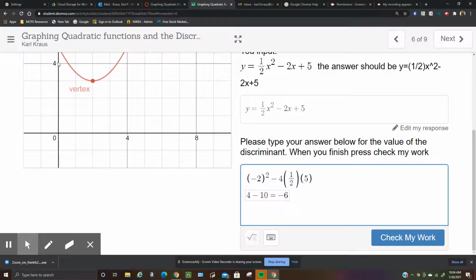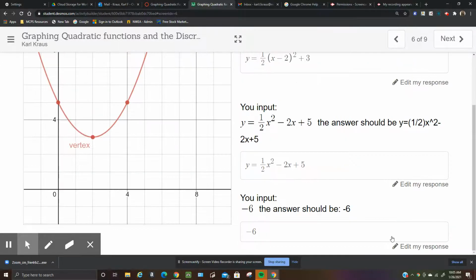It makes sense because there's no x-intercept, so no real solutions there. Two complex solutions. So my input matches the answer there.